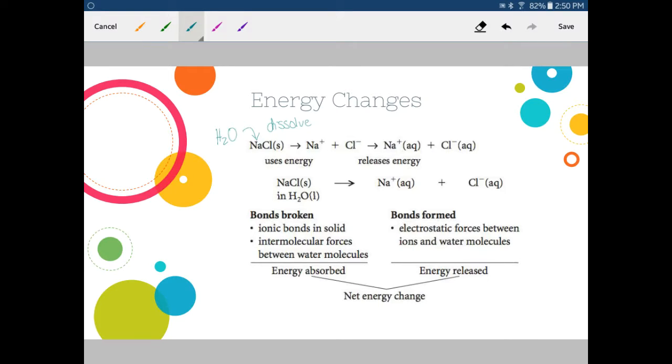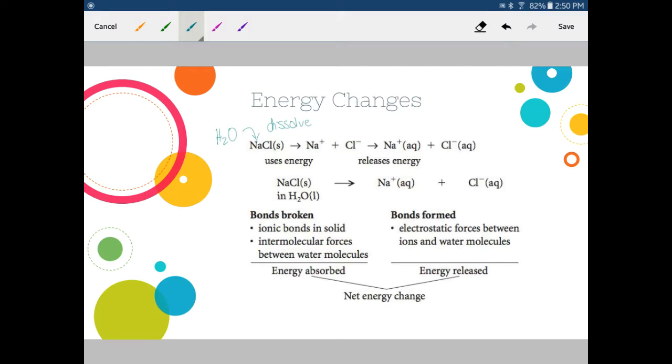Because we know from our last unit that water has a variety of intermolecular forces, in fact London dispersion, dipole-dipole, and hydrogen bonding, when water interacts with the sodium chloride, it has a polarity: the negative side will attract to the positive sodium ions, and the positive side will attract to the negative chloride ions. So we actually break apart some of those intermolecular forces between our water molecules.